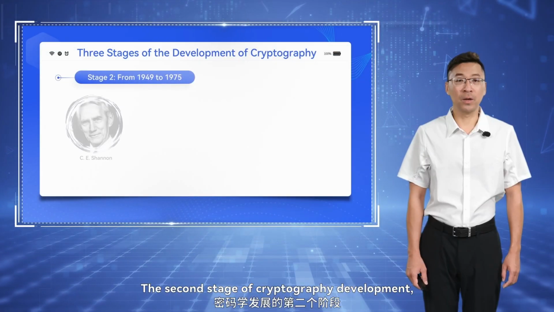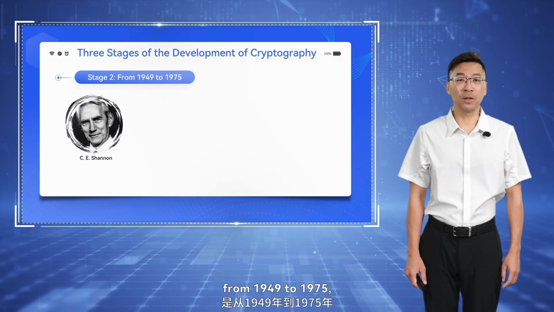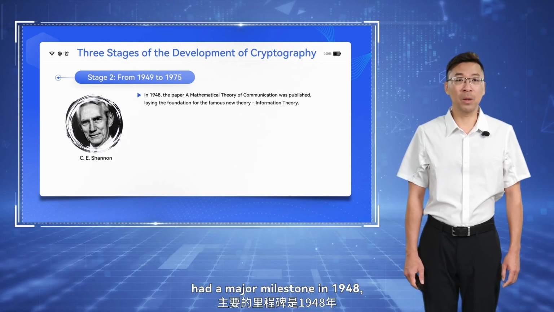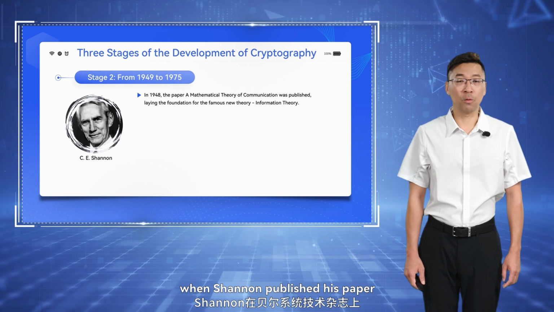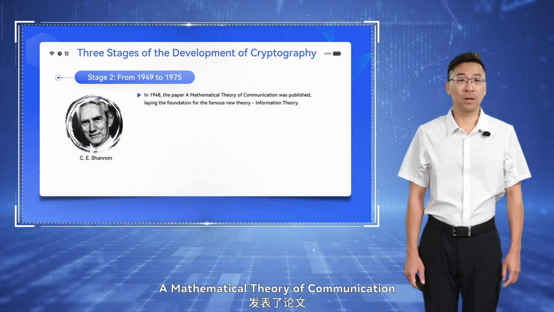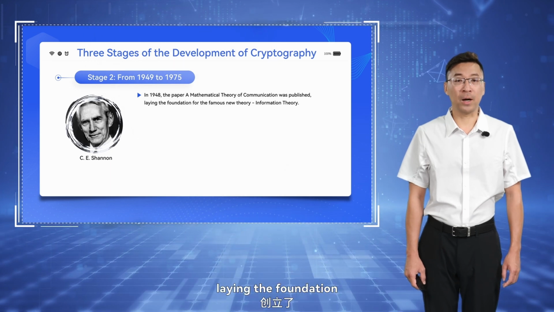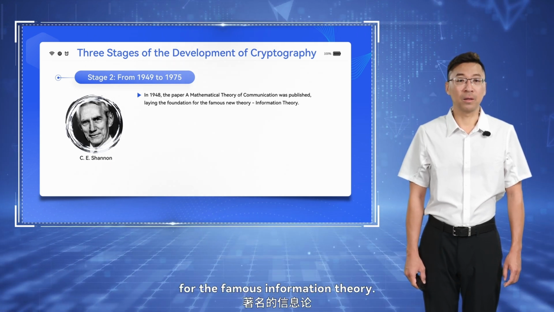The second stage of cryptography development, from 1949 to 1975, had a major milestone in 1948, when Shannon published his paper A Mathematical Theory of Communication in the Bell System Technical Journal, laying the foundation for the famous information theory.